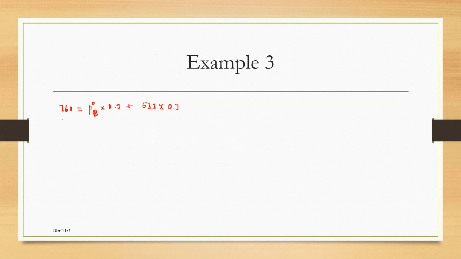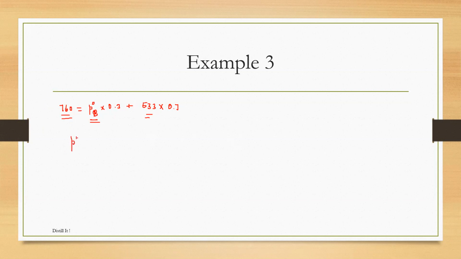Now remember, whenever you're using this equation, the unit of total pressure and vapor pressures need to be the same. All right. So if we have taken millimeters of mercury here, we'll take this also in millimeters of mercury, 533. And we'll get P naught B also in millimeters of mercury. All right.